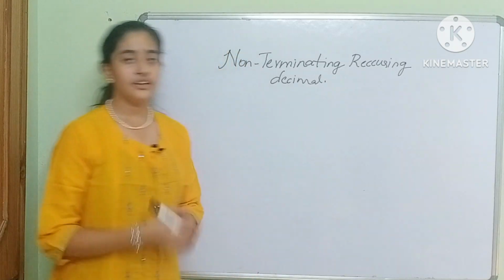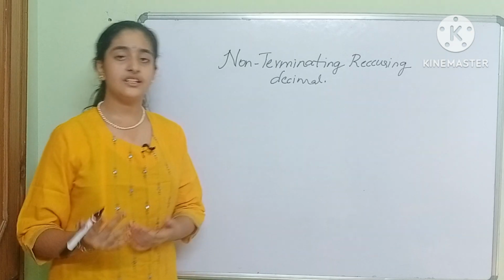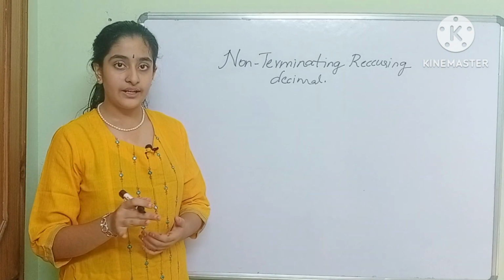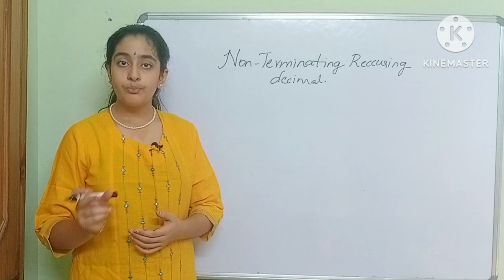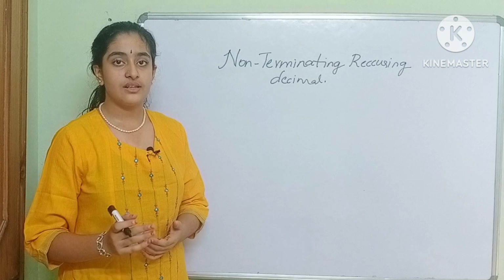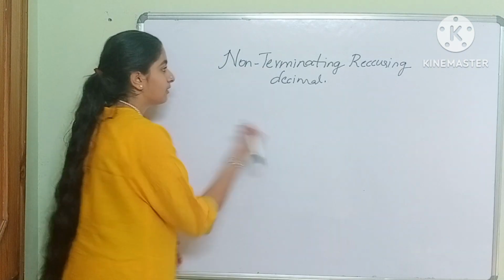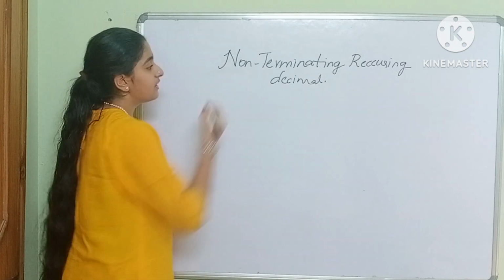So what is a non-terminating recurring decimal? The number of decimal places after the decimal point is not finite, and a digit or group of digits which repeat continuously is called a non-terminating recurring decimal.